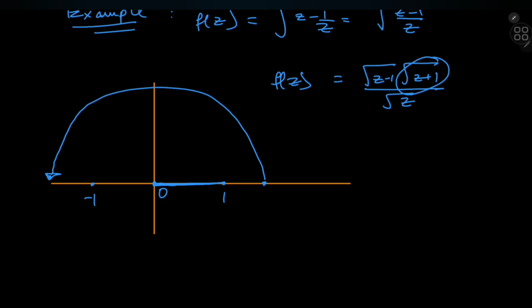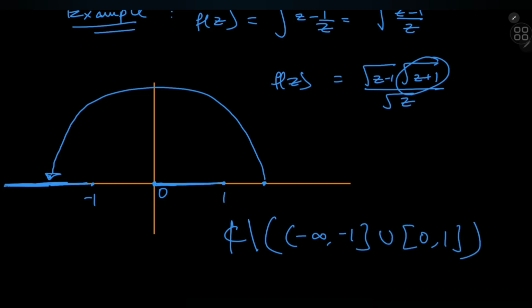So we're going to have to make our branch cut more sophisticated by excluding this part of the negative real axis. So in order to define f of z to be continuous, we need to define it on the slit plane C excluding the interval -∞ to -1, as well as the closed interval 0 to 1. That's how you can define this to be continuous.